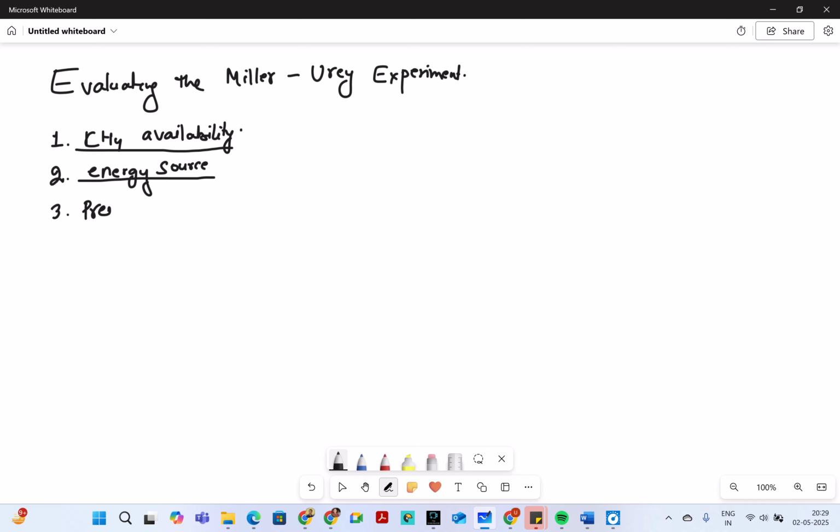Third is presence of water. In a watery environment, amino acids tend to remain as monomers, rather than joining to form a protein. Given that water is needed to form the primordial soup, this contradicts the idea that complex molecules could have formed in this environment.